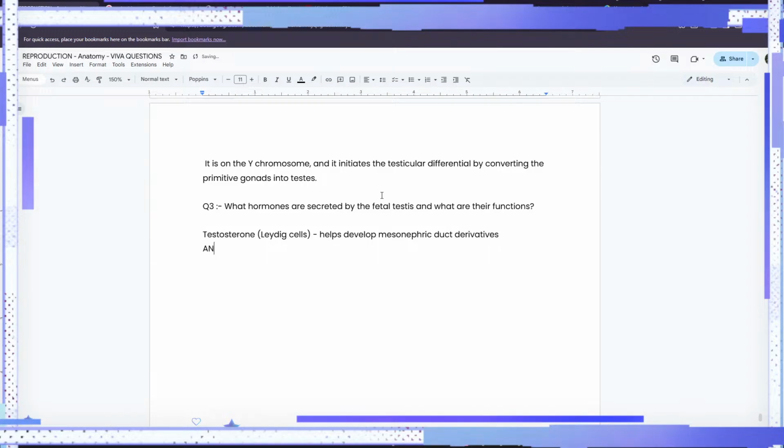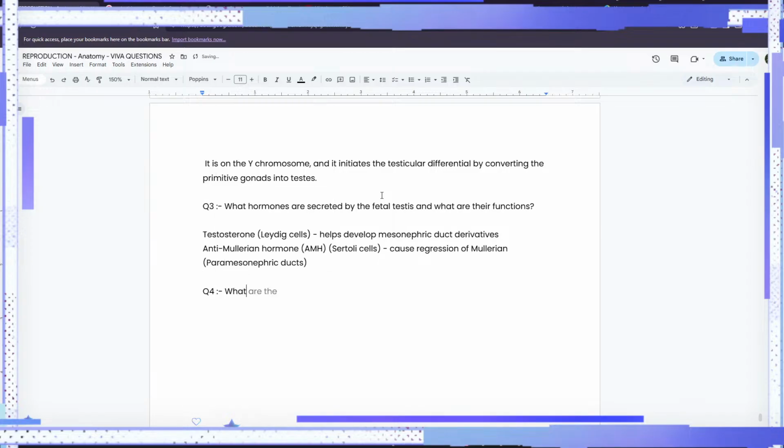And then you have anti-Mullerian hormone, AMH, which comes from the Sertoli cells, and those cause regression of Mullerian ducts. Awesome, right? Or you could say paramesonephric ducts. Great stuff.